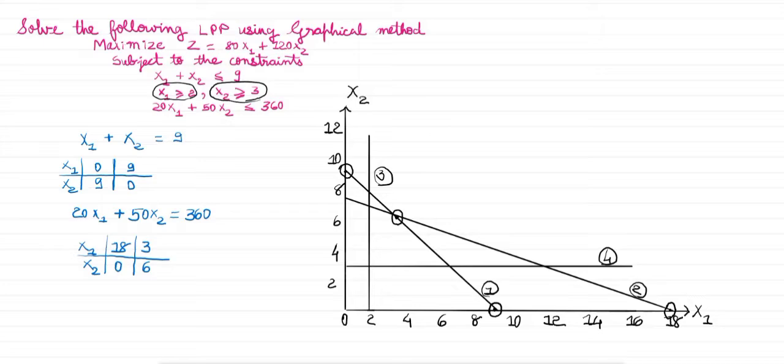And here 1 represents x1 plus x2 is equal to 9. Then 2 represents 20x1 plus 50x2 is equal to 360.